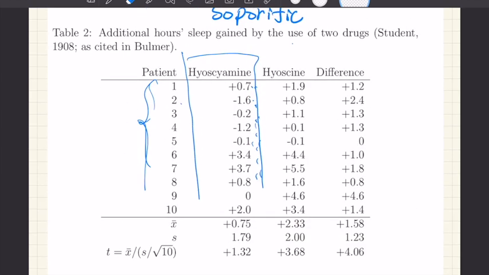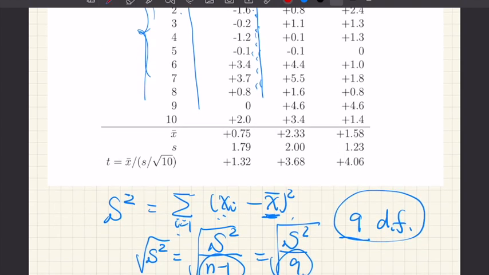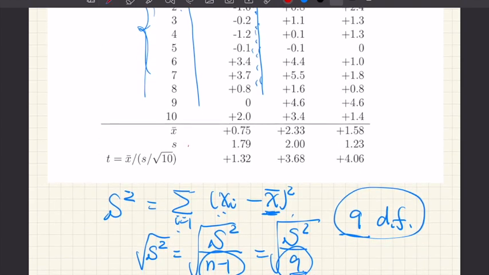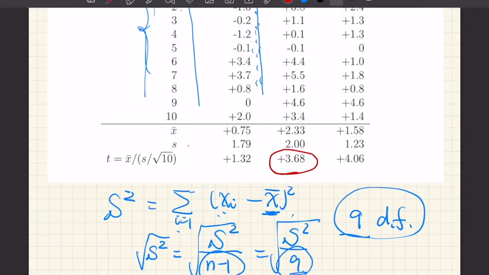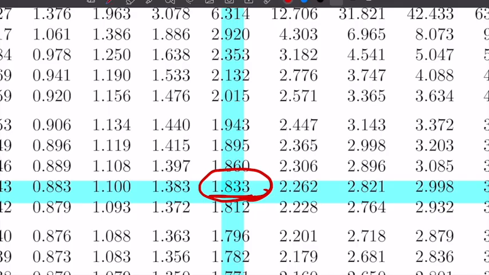Okay, so look at the other drug, hyoscine, and if we calculate the same things, x bar, s, and t statistic, we have this value, 3.68. So this is clearly larger than this value, 1.833. So this hyoscine improves sleep significantly at 5% significance level.